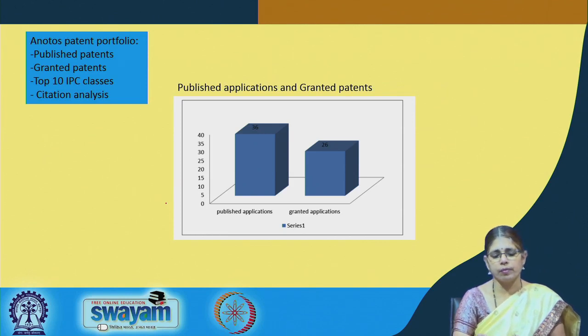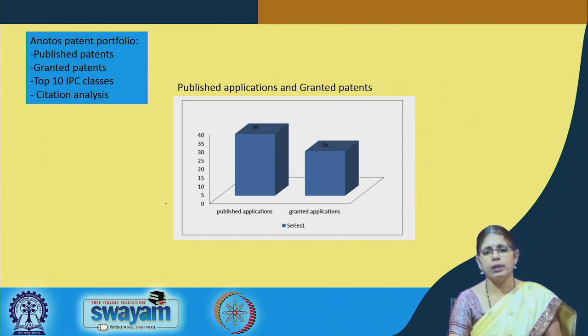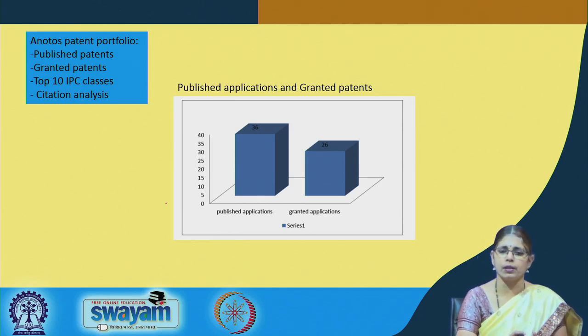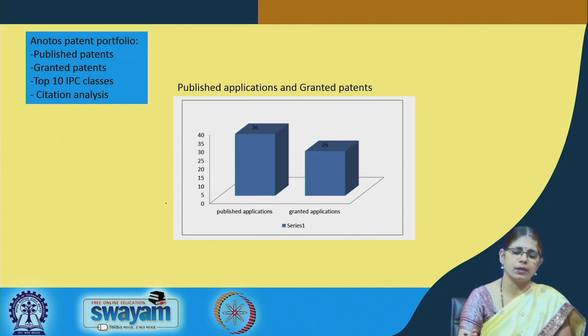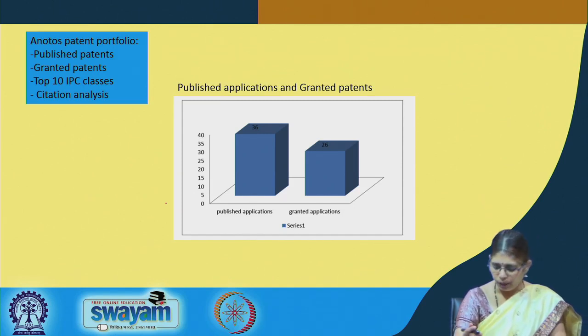In this illustration, we look at the total number of published applications and the granted applications for this particular assignee Anoto, and you see that there is a gradual rise in the publications as well as in the case of granted applications. So, you have a lot of granted patents as well along with the published applications.